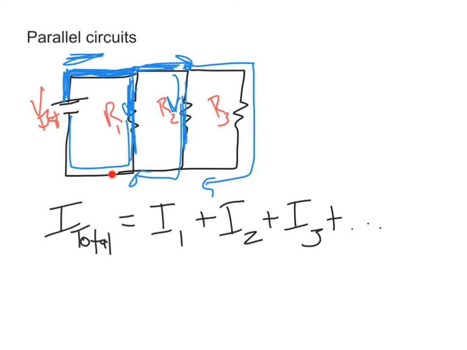Is it connected directly to the battery? And resistor 3 is connected directly to the battery also, right? Which means each of those resistors is getting the full potential difference of the battery. So in a parallel circuit, your potential difference is constant.